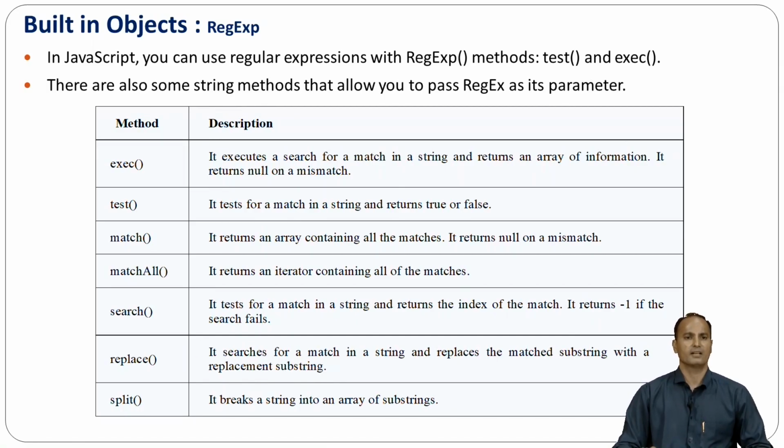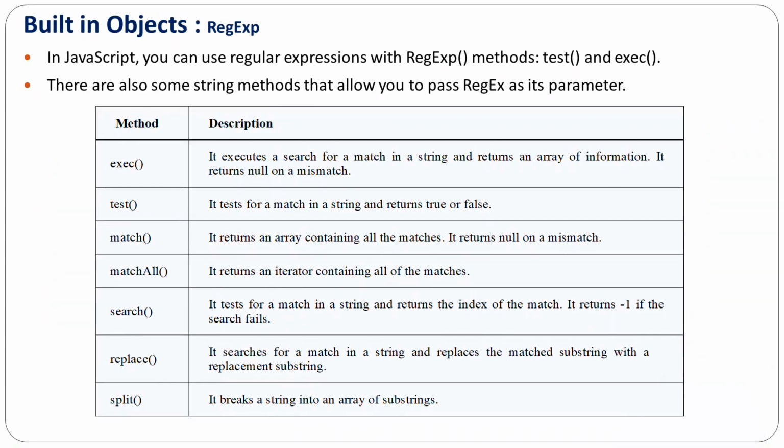These methods are exec. So what does it mean? exec executes a search for a match in a string and returns an array of information. It returns null on a mismatch. The test method tests for a match in a string and returns true or false.